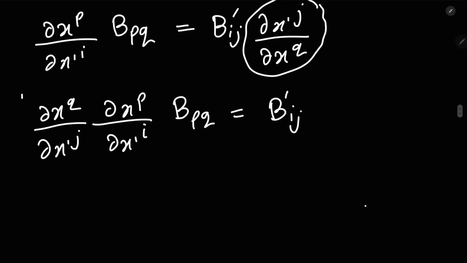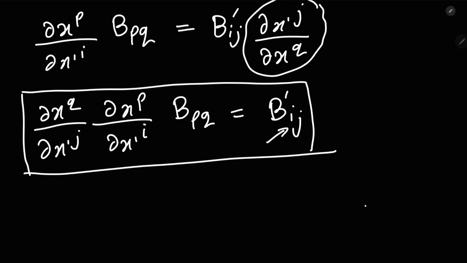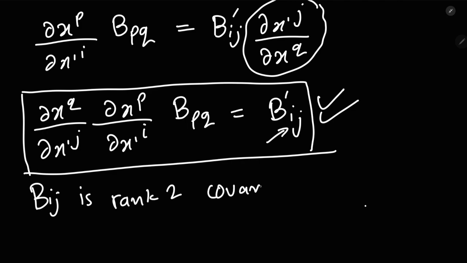So from this equation you can see that Bij is indeed transforming covariantly with respect to i and j. So B prime ij is transforming covariantly, and we can conclude that Bij is indeed a rank 2 covariant tensor, which is what we set out to prove.